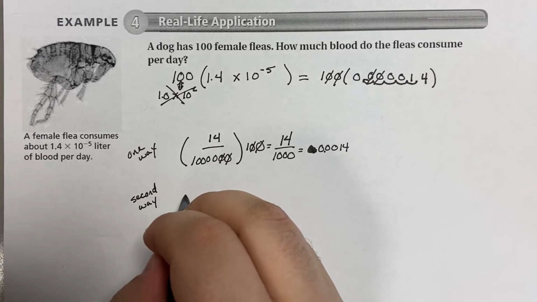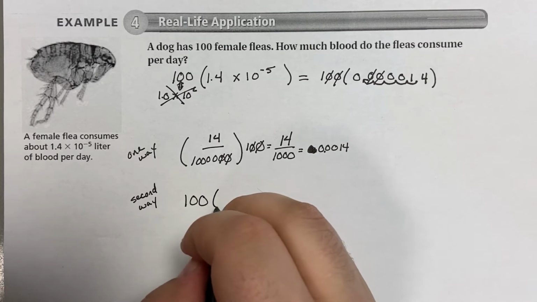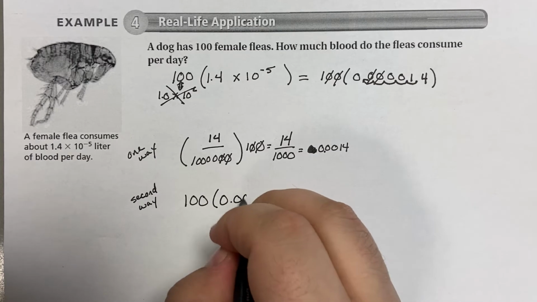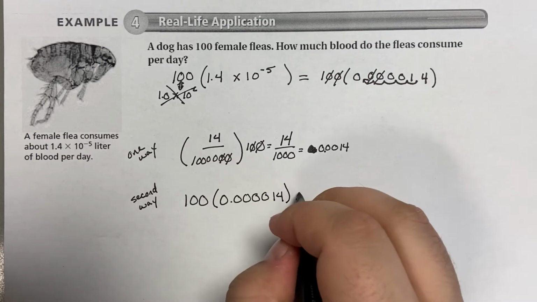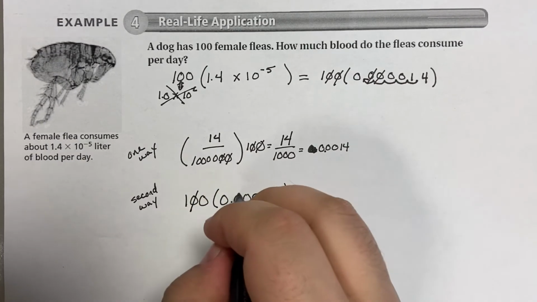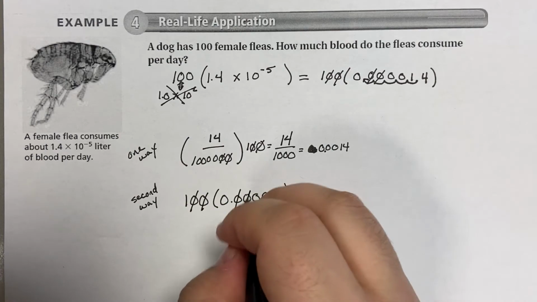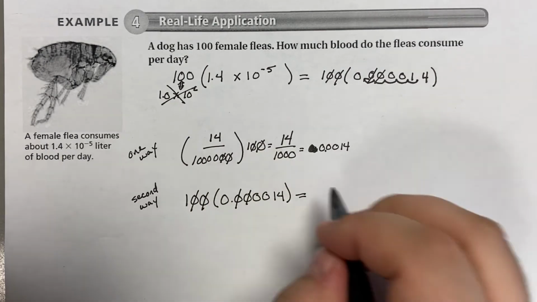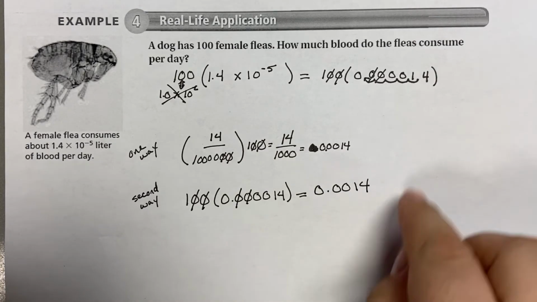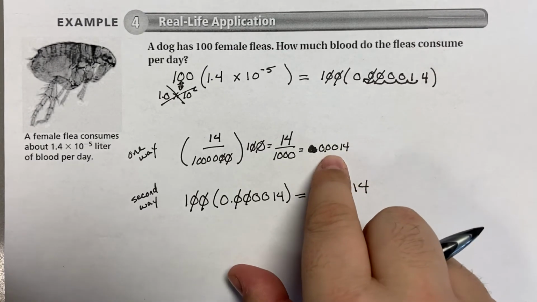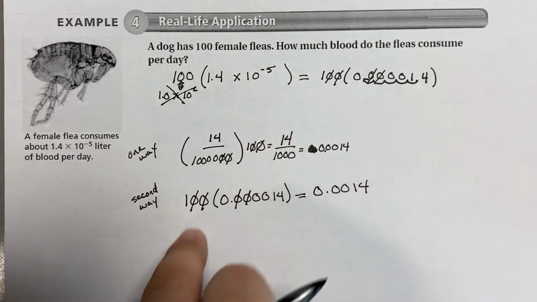I know I can take this 100 and multiply by 0.0000014, and this 0 cancels that one, this 0 cancels that one, so I'm going to end up with 0.0014, which after I made my correction, because I missed it the first time, is the same thing as multiplying in fractions.